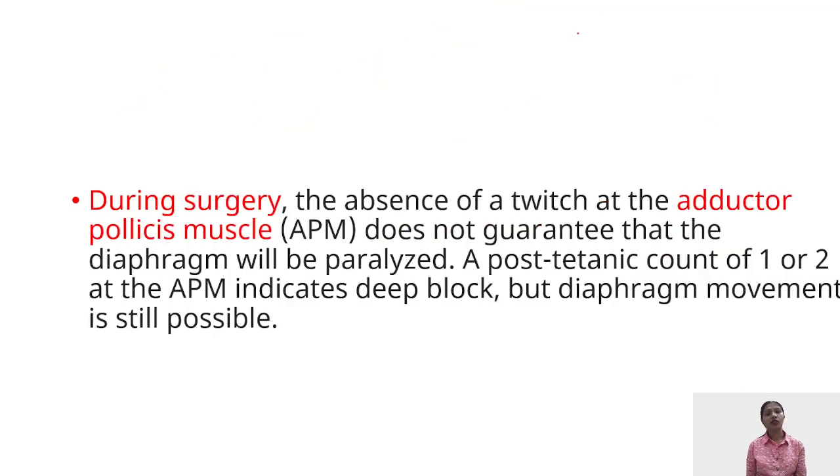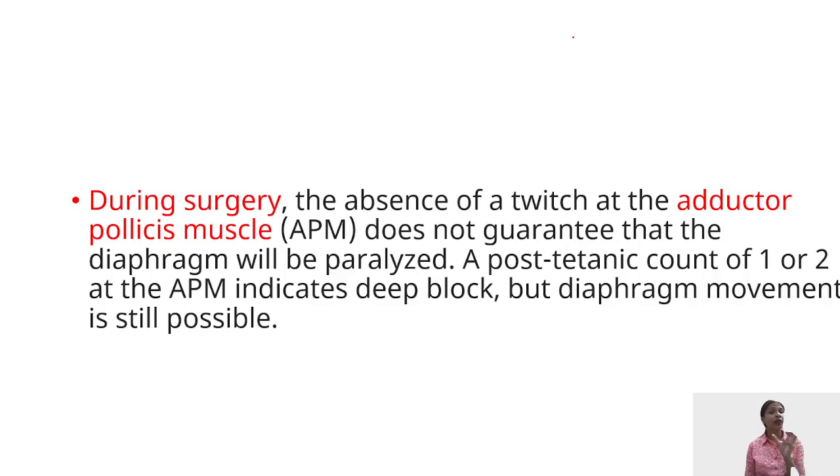Talking about the surgery, during surgery what we monitor is the adductor pollicis muscle, but always remember that during surgery the resistance of central muscles is more than the peripheral muscles.